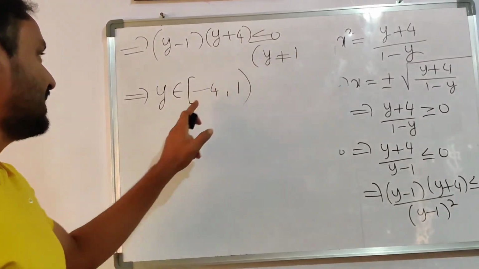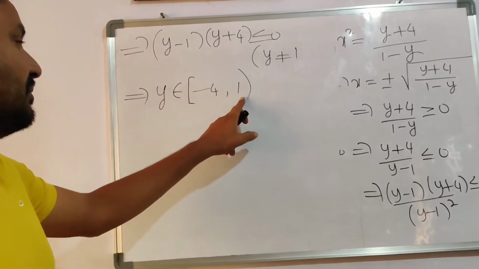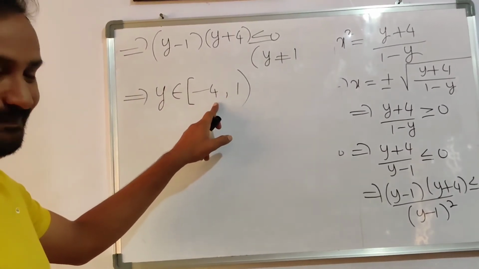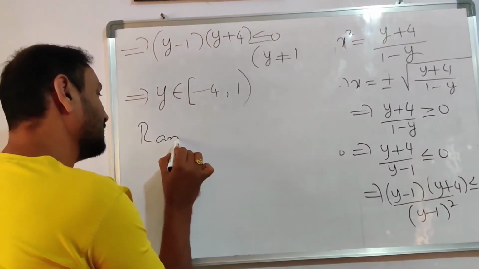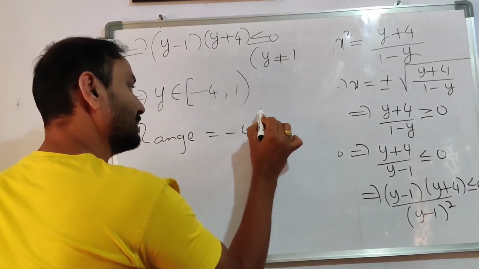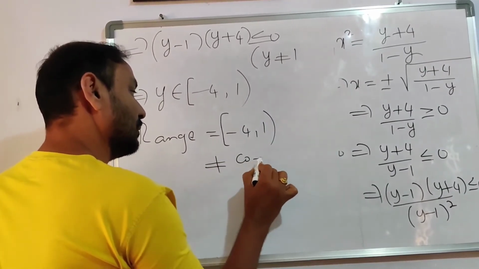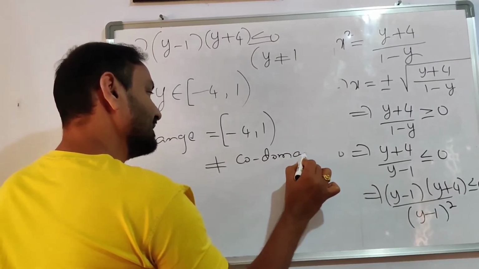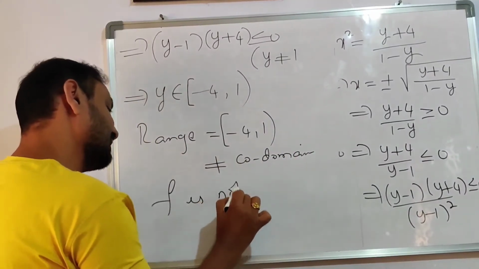So this is the range. The range is [−4, 1). This is not equal to the codomain, so f is not onto.